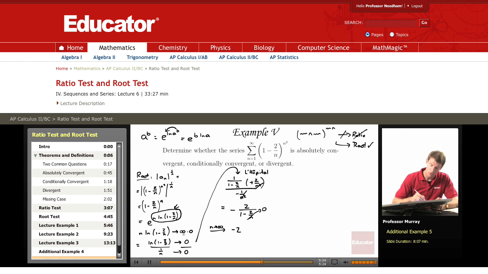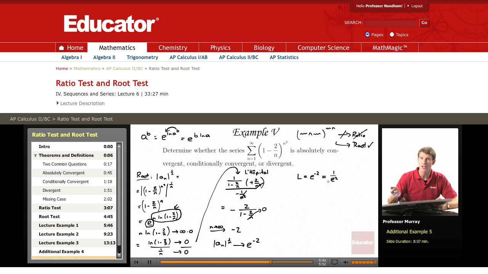So if we incorporate back in this e that we had before, the true limit of a_n to the 1 over n goes to e to the negative 2. So our limit L that we check for the root test is e to the negative 2. That's the same as 1 over e squared.